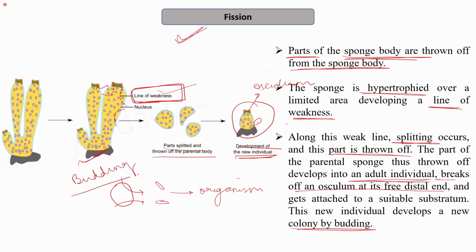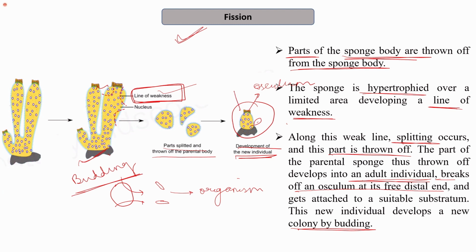So budding is basically helping in the formation of colonies, while fission leads to reproduction by the formation of a line of weakness, where some part of the parental body is thrown out, and this split part then develops into a complete new organism that develops an osculum at its free distal end.